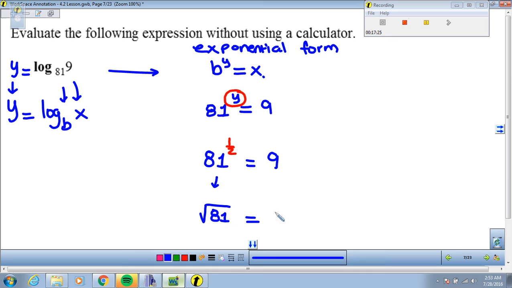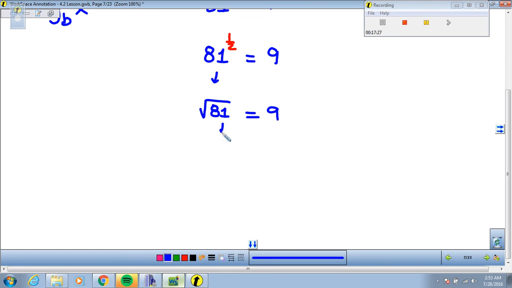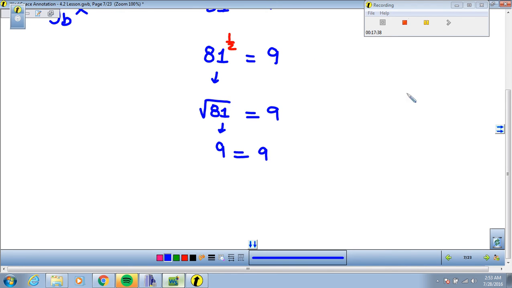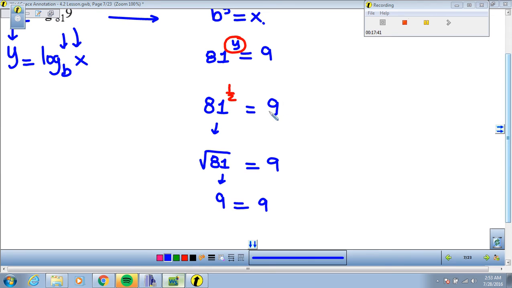So you can see how if you evaluate the square root of 81, that's 9, and 9 is equal to 9. Okay. So the number that you need to use as an exponent on the 81, so that 81 raised to that number equals 9, is 1/2. So that you can turn it into a root like this.